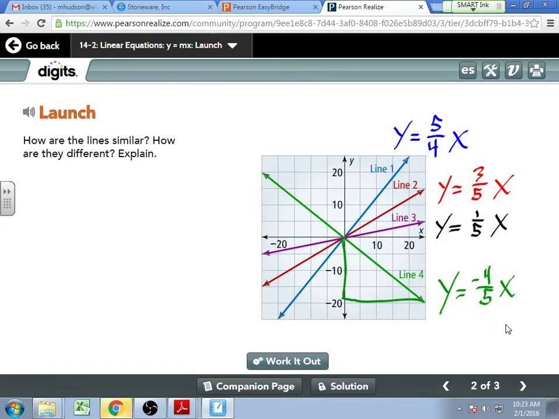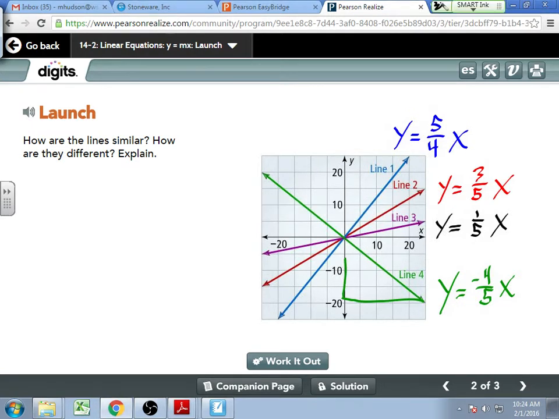1, 3, 4, 5. Where's 2? Good job, Luke. If we wanted to draw a 2/5, that would have to go to this point here and this point here and go through the origin. So that would be that line if you wanted a 2/5. But I don't.